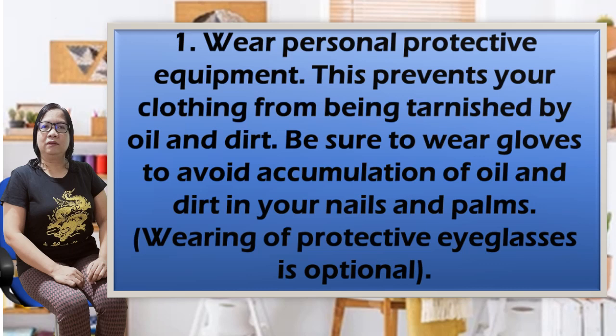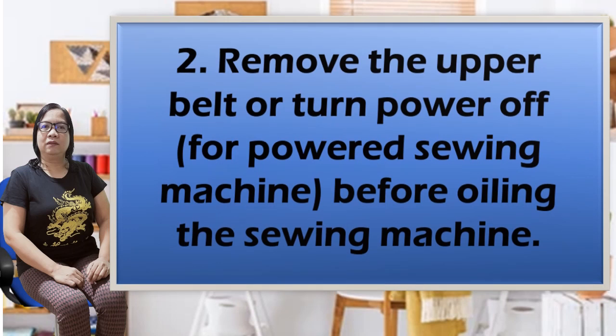Wearing of protective eyeglasses is optional. Number 2. Remove the upper belt or turn off power of a powered sewing machine before oiling the sewing machine. If you are at home, call the attention of your family member.